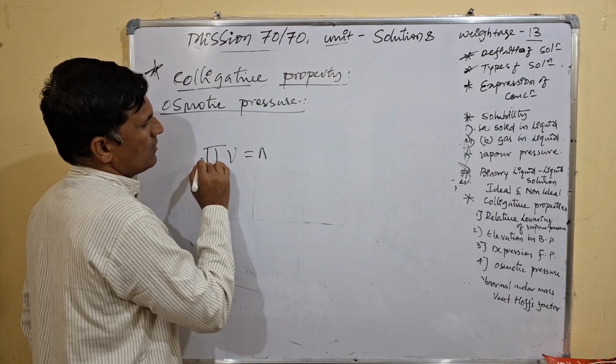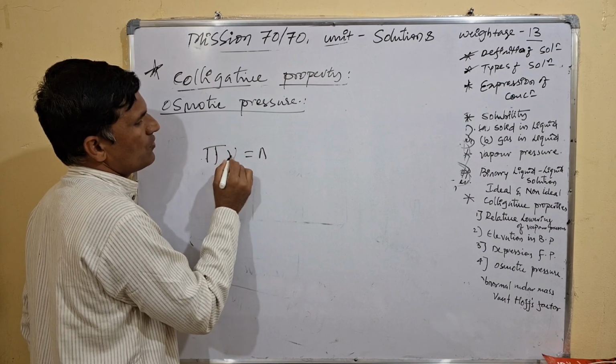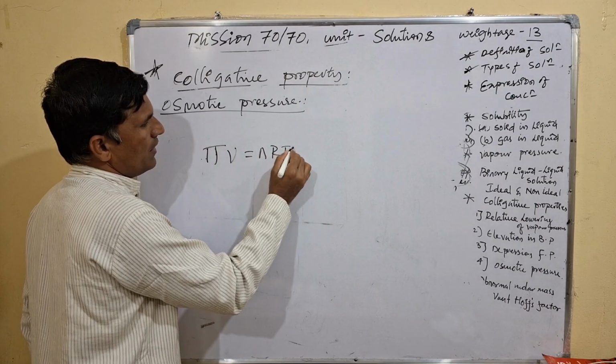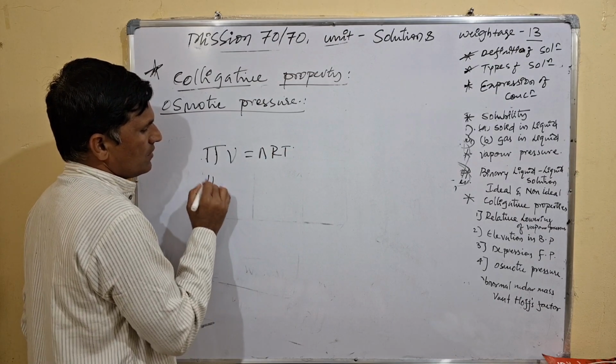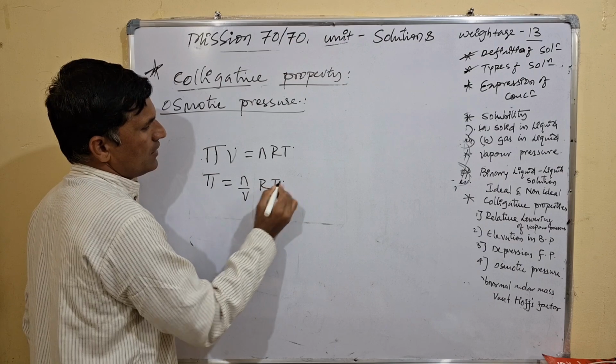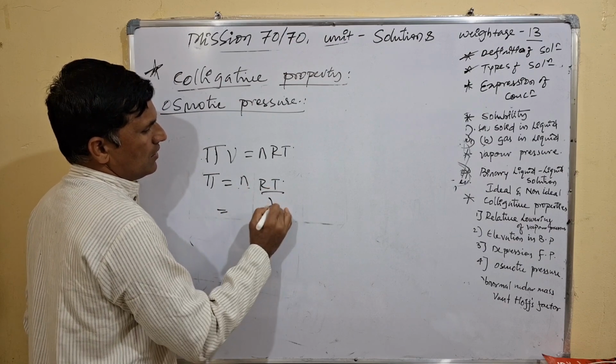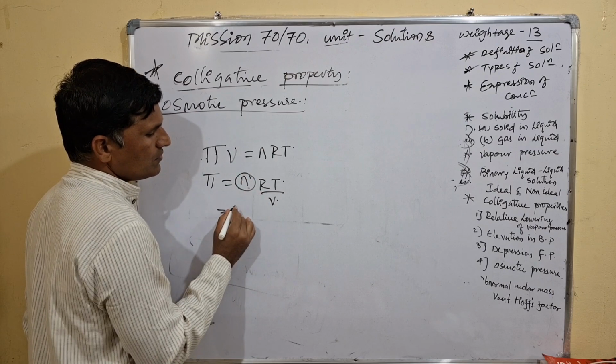It is considered as if it is an ideal gas equation. PV equals nRT; like that, for osmotic pressure we take pi V equals nRT. So pi equals n by V into RT, and we know that n is nothing but the number of moles.